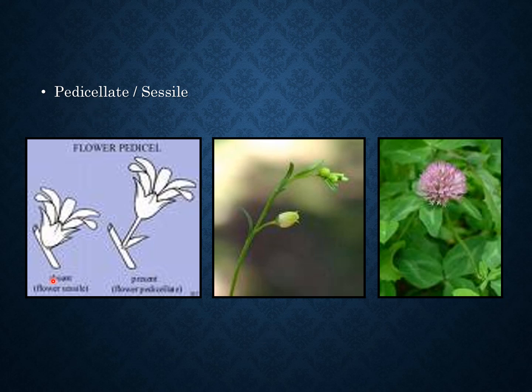A flower having a pedicel is called pedicellate. Pedicel is the stalk of the flower, while a flower with no pedicel is called sessile, and these are examples of pedicellate and sessile flowers.